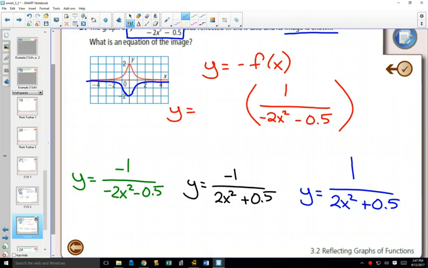I multiplied the top by negative 1, and the bottom I kept the same. Would you agree that that's the fraction that would be out in front? So if I multiply the top by a negative 1, the bottom stays the same, that's like having the fraction negative 1 over 1. Is that fraction the same as just a negative sign? Yes. So this one is good.